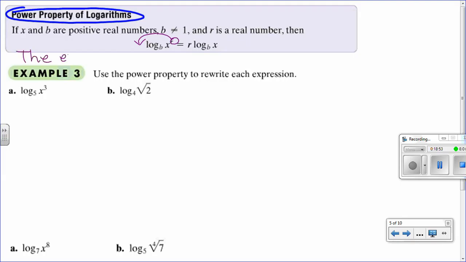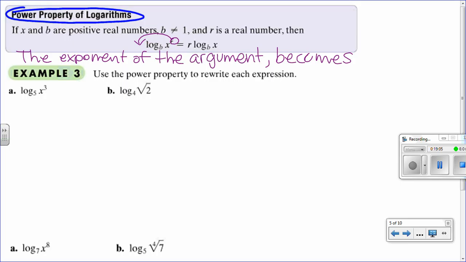The exponent of the argument becomes the coefficient of the logarithm.